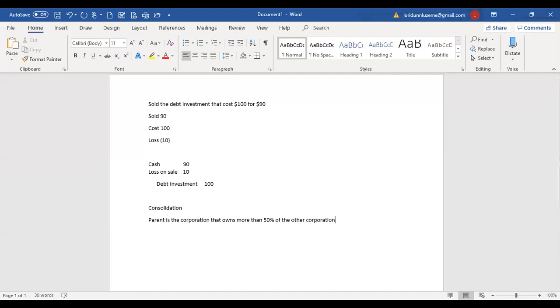You're not limited to only owning more than 50% of one corporation. And when I say more than 50%, I mean of the voting stock of the other corporation, because all the decisions are made by them.